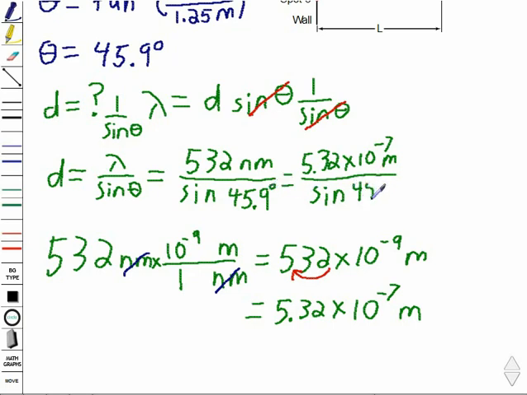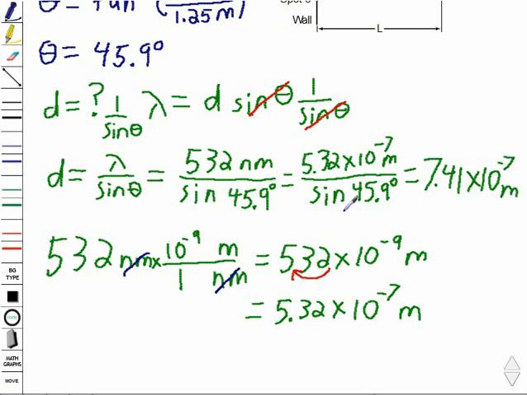And you always want to have your units on there. So if I do that, I get an answer that's 7.41 times 10 to the negative 7th meters.